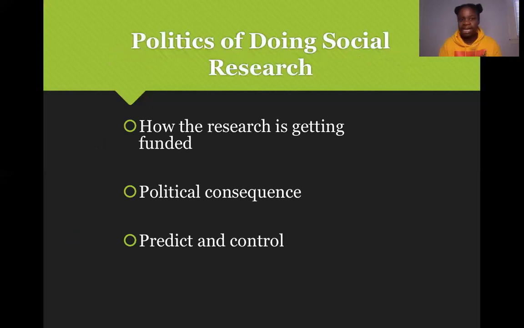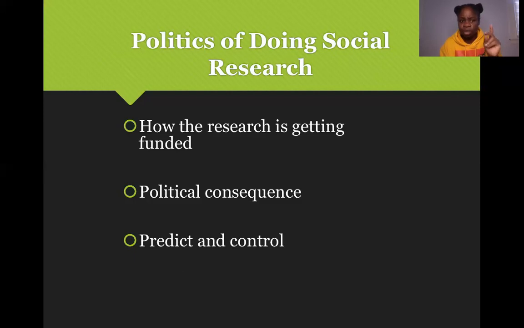Lastly, and I think this is the last slide, the politics of doing research. These aren't necessarily in the book, but when you're reading anything, always figure out who's funding the research. Okay. What are some of the political consequences of the research? Okay. Predict and control, I don't expect you guys to know that.